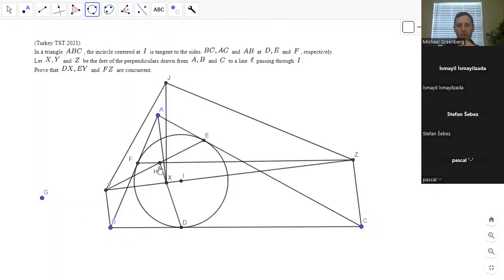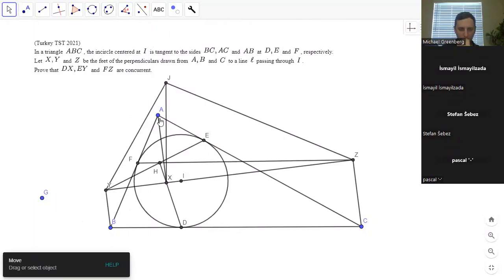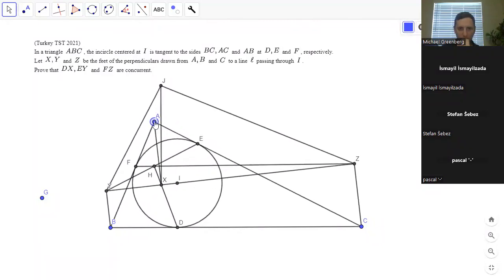So, DX, EY, and FZ. Is there any way we could use Desargues?